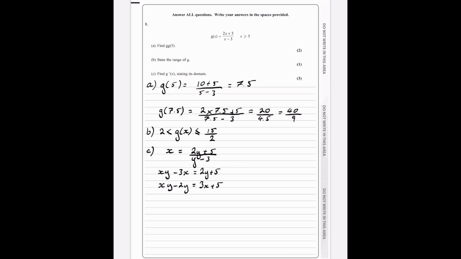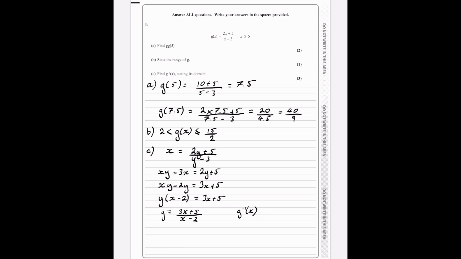We'll factorise a y out, so y lots of x minus 2. And divide both sides by x minus 2, and we get y equals 3x plus 5 over x minus 2. And that will be our inverse function.